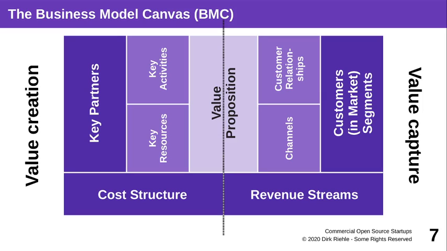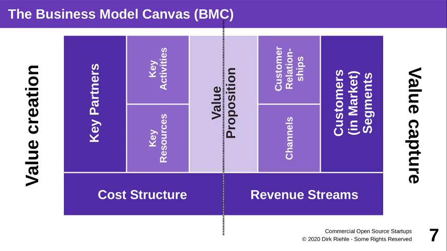The value creation happens on the left, where there is the creation of what customers actually are paying for, the production or the operations. And then on the right, there's the capture, the going to market with a product or value proposition and generating revenues of it. In the middle, nicely in the middle, is the actual value proposition, which ties these things together.